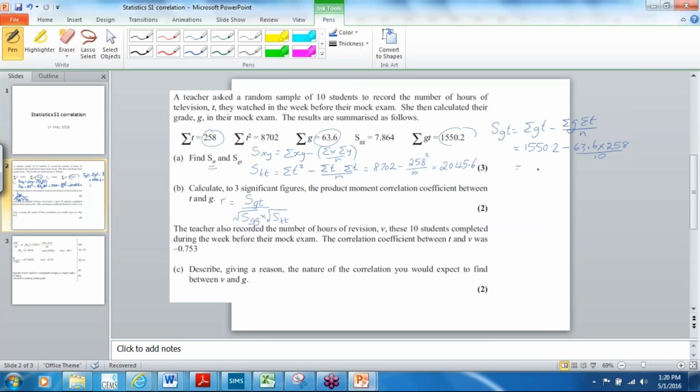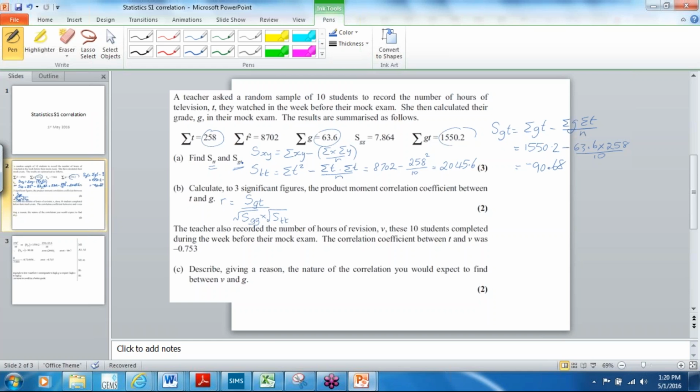So we do that calculation, and we want three significant figures. Sorry, no we don't. That's for part B. Alright, so we put that calculation in and we get negative 90.68. So there is our S of GT.